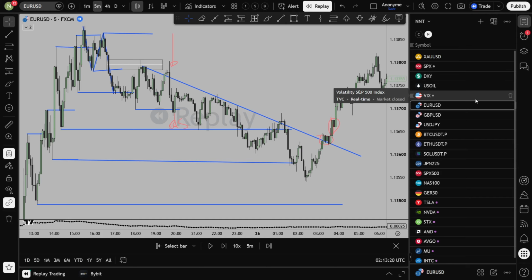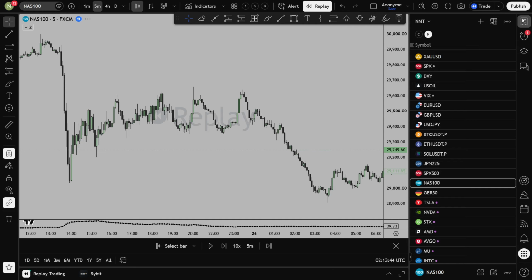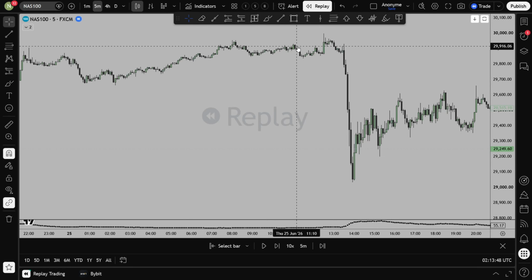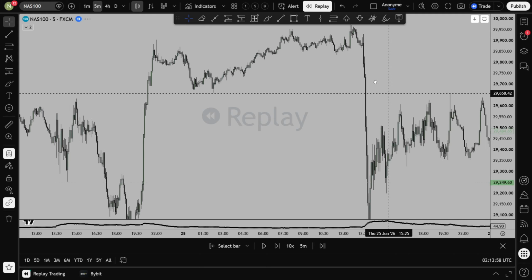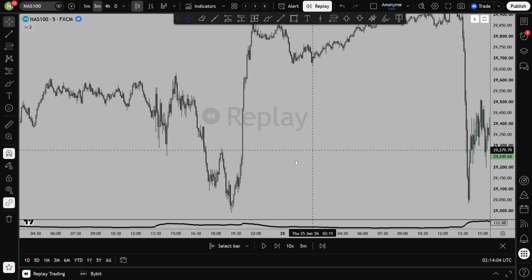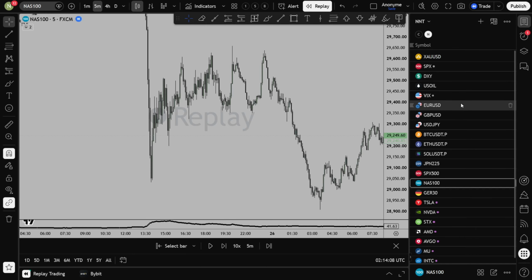So it's not as genuine, and it has a lot of algorithmic activity. Something like, for example, Nasdaq. If you take Nasdaq, it's very speculative. It doesn't have genuine participation. So you see, for example, you have here very big impulses. So you need to choose wisely what you want to trade.